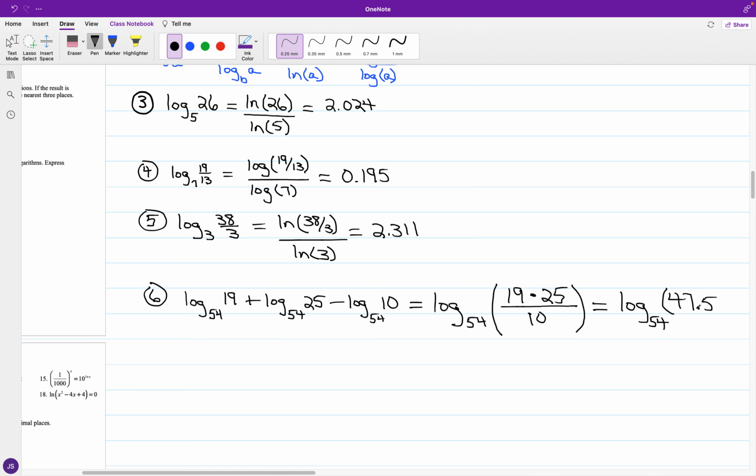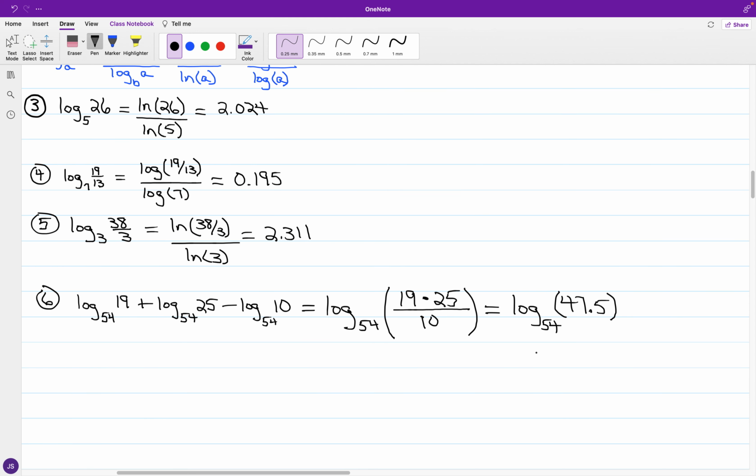So we have a base 54 logarithm of 47.5, and if we utilize the change of base formula, m is 47.5, a is going to be 54, and we'll just convert this to base 54 logarithms.